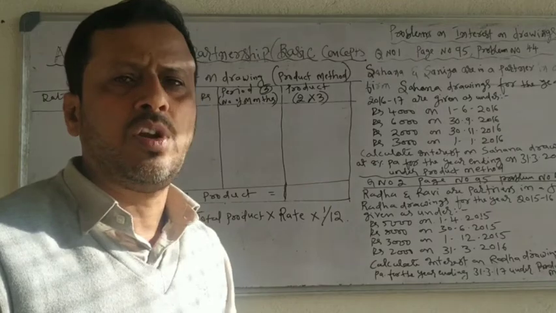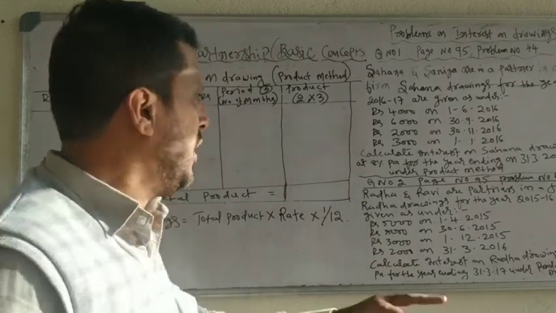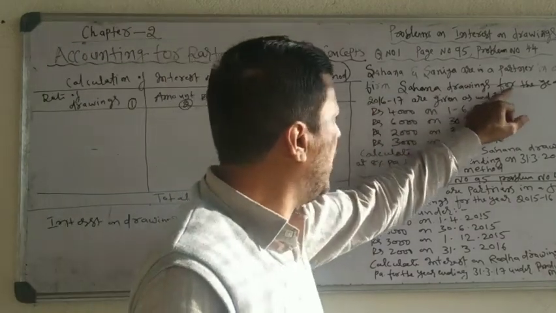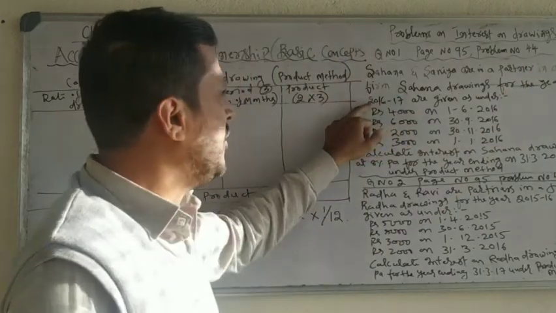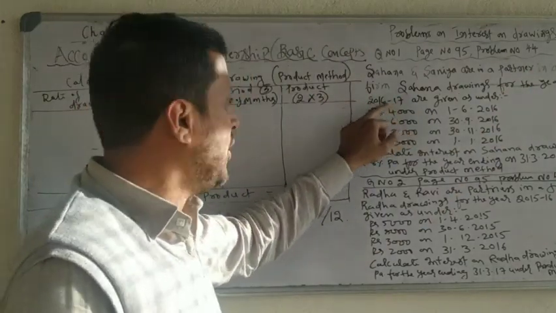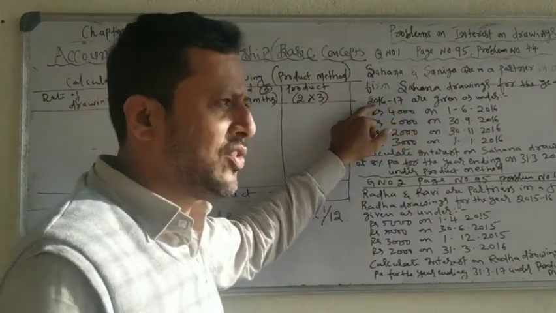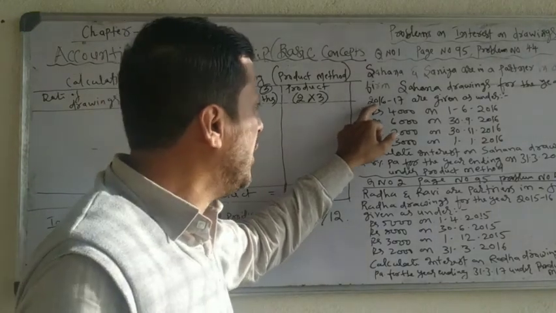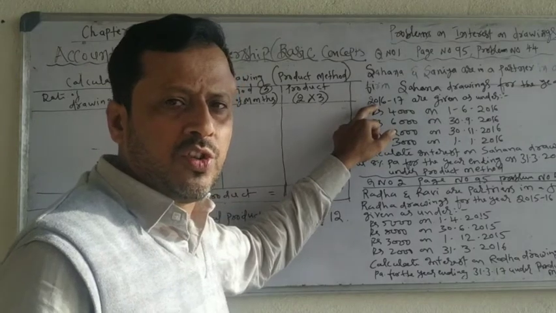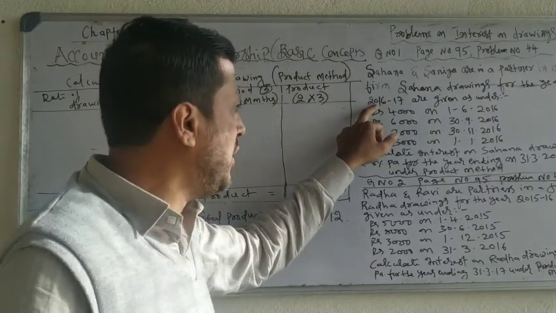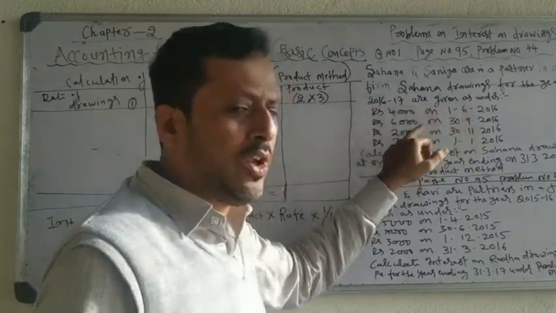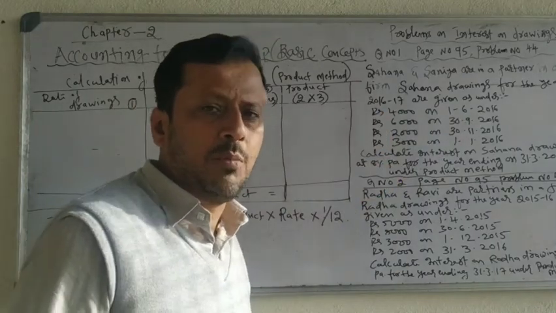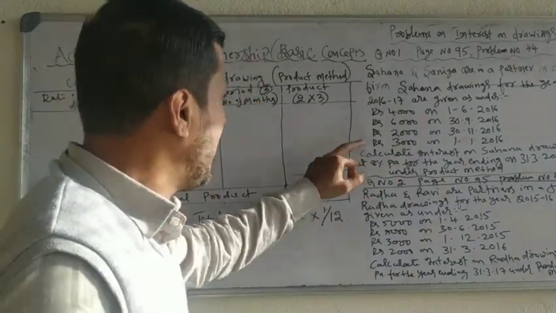So we have to calculate that interest. Sahana's drawings for the year 2016-17: 2016 means 1st April 2016, and 2017 means 31st March 2017. From 1st April 2016 to 31st March 2017, she has drawn the following amounts for her personal use.